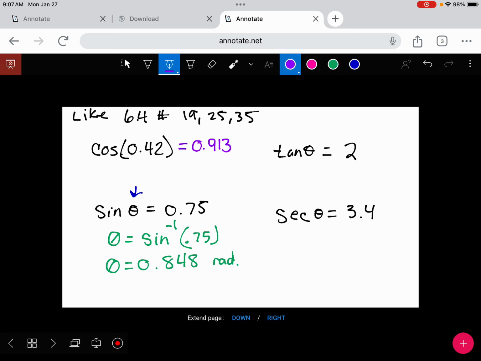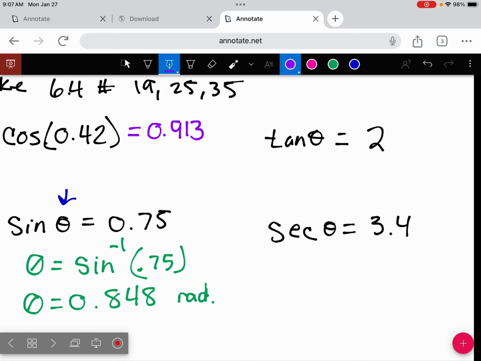And the same thing exists for the other functions. Tangent has one too. I can do the inverse tangent to get what theta is over here. So theta is, I need to untangent, undo it, of 2. It's like if I was trying to divide both sides by something, I'm untangenting.